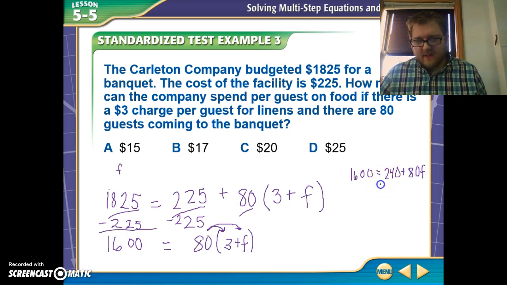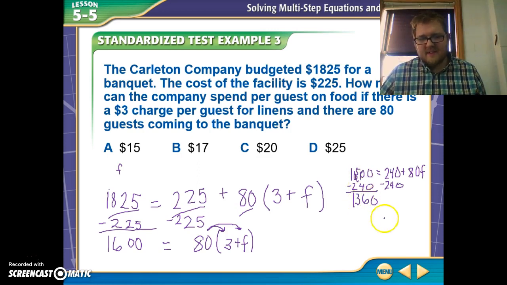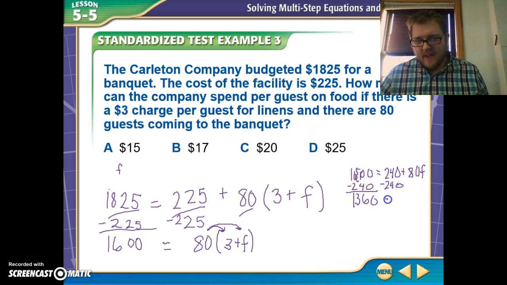So let's now subtract 240 from both sides. Let's see, 1600 minus 240 is 1360, and that's equal to 80f.